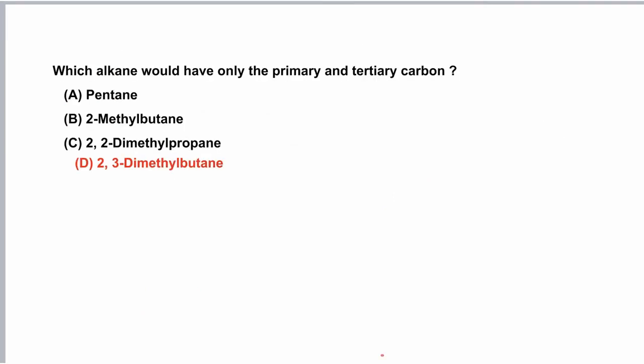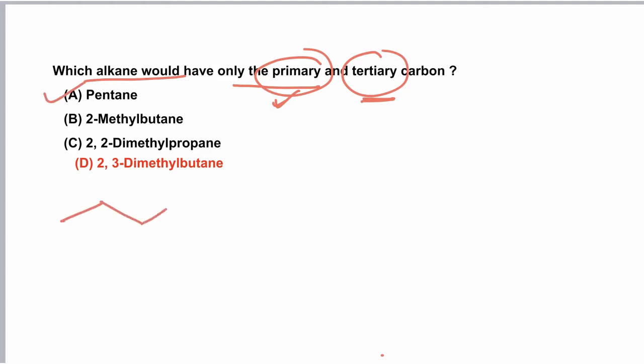In this question, we have to find the alkane which has only primary and tertiary carbon. So a primary carbon is the carbon which is directly attached with one other carbon atom, while a tertiary carbon is the carbon atom which is directly attached with 3 other carbon atoms. So if we take the pentane molecule, then pentane has only 1 degree carbon and 2 degree carbon.